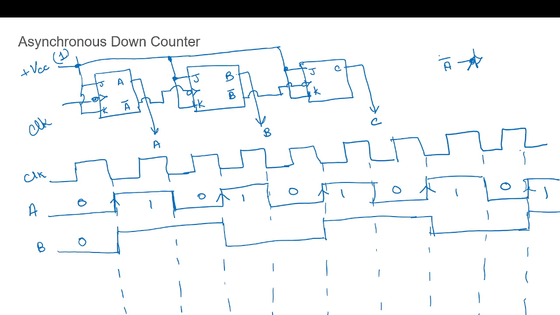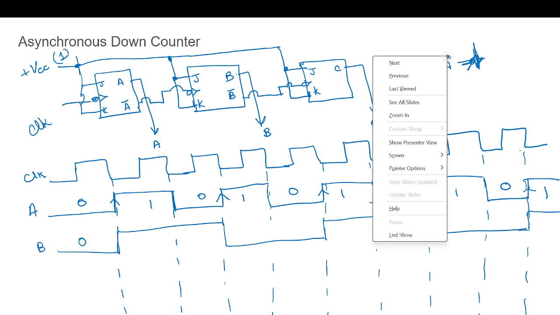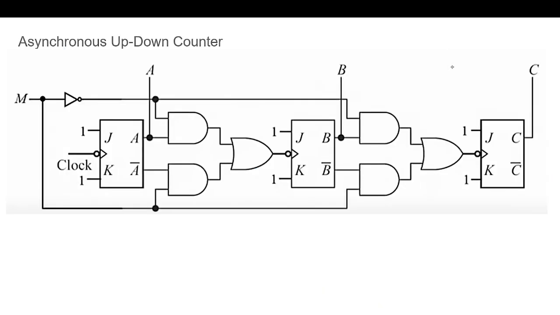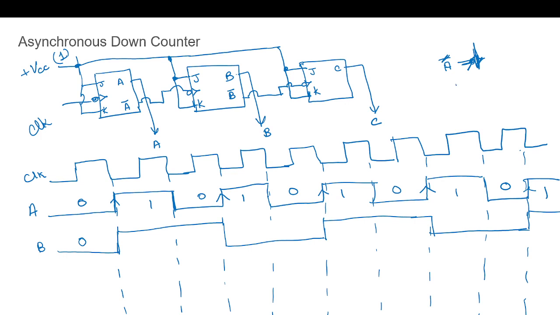This flip flop will operate at the negative edge of A complement or at the positive edge of A. So I am considering the positive edge, and every positive edge I am toggling the B. Okay, ma'am, got it.